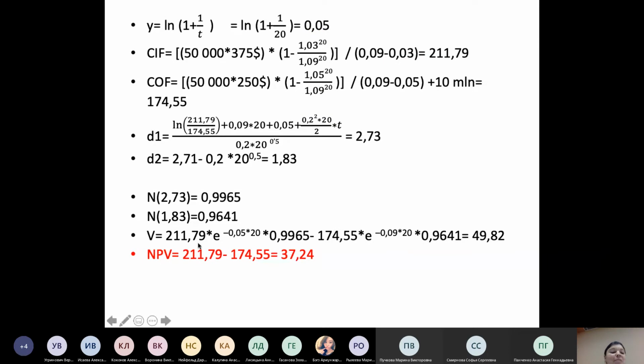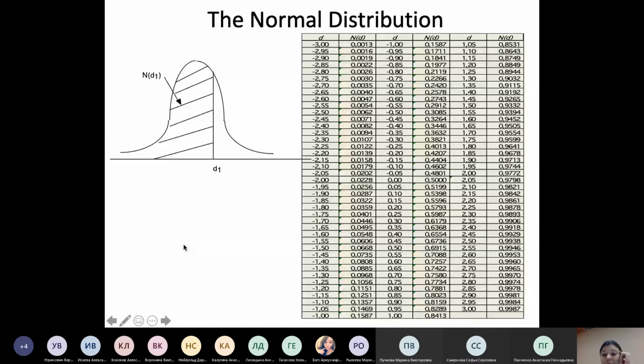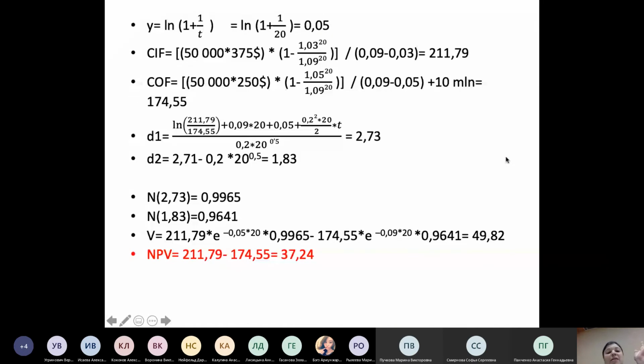And as for the second, we have received 1.83, normal distribution of 1.83. Let's return to our table: 96%. The probability that our company will realize the option, will use this license for future production, for future capacity, is 96%.